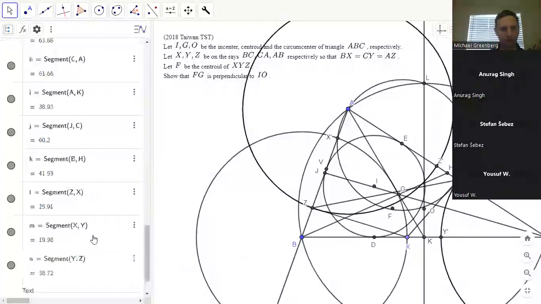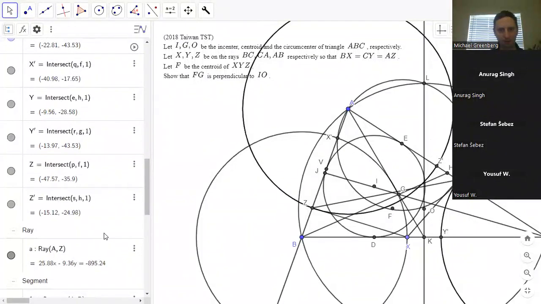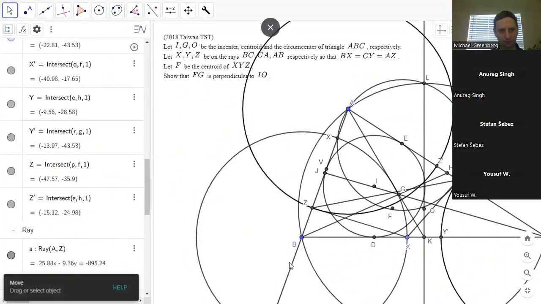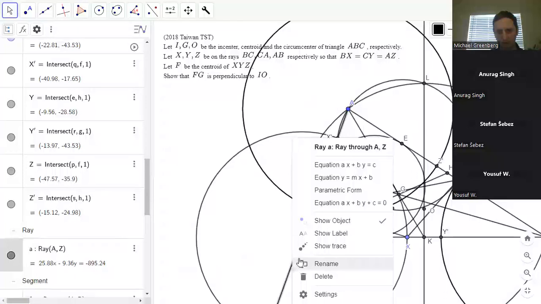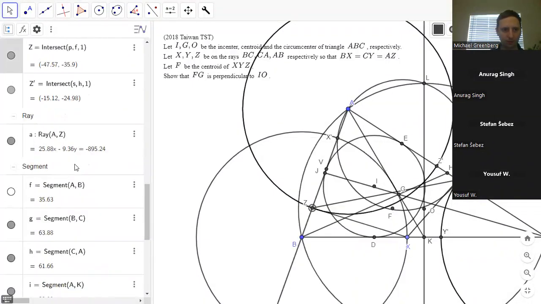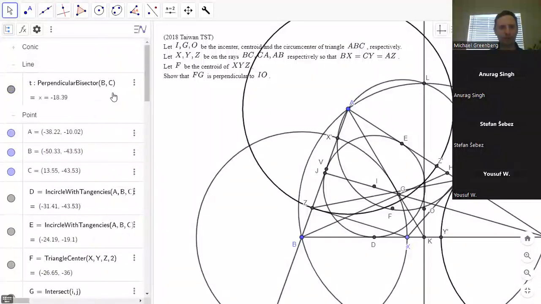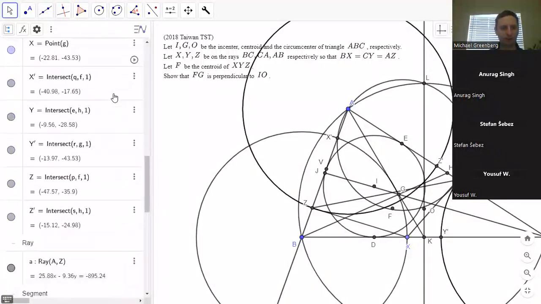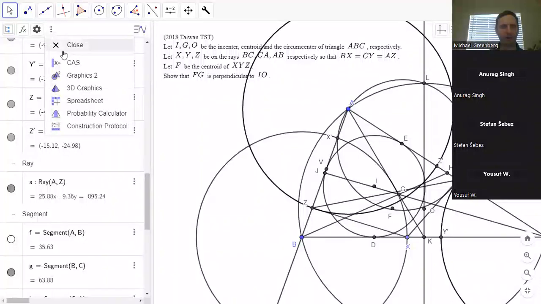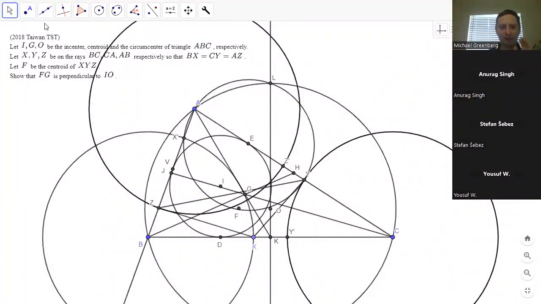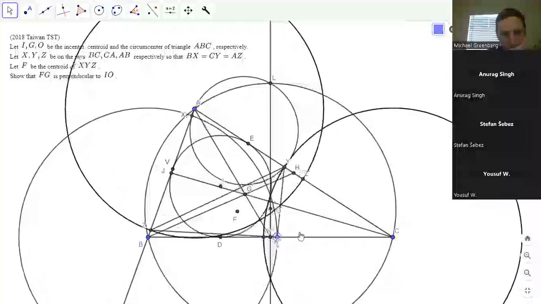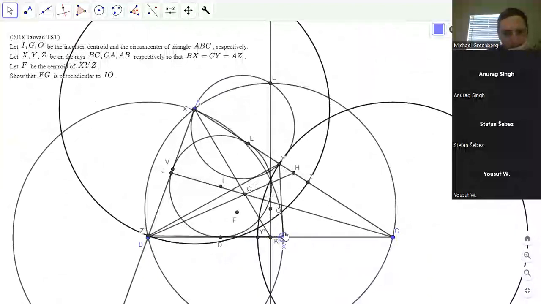So Z is the intersection of, let's see, this is ray A, so maybe this will work. It didn't work.